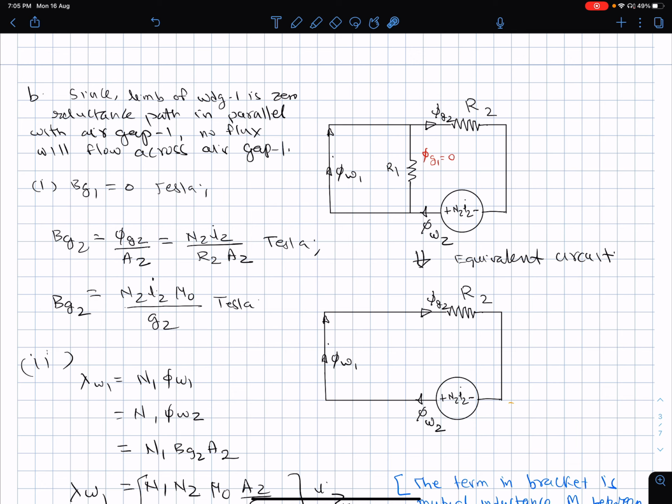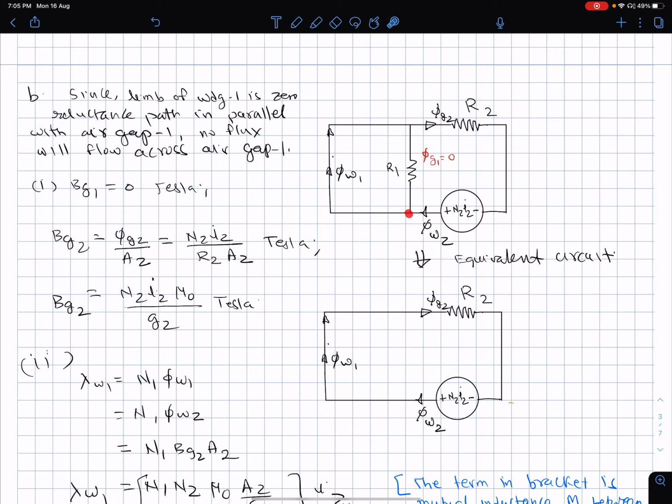Whatever is the flux will go like this, and this will carry zero flux, because if the potential difference is zero, then the potential difference divided by a non-zero resistance, like 0 by 5, is 0, and therefore the current would be 0.